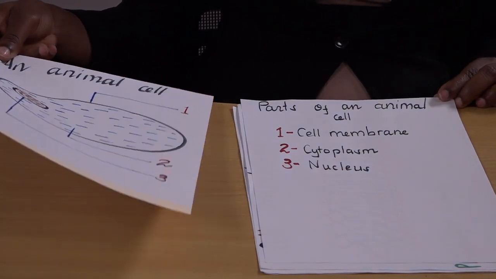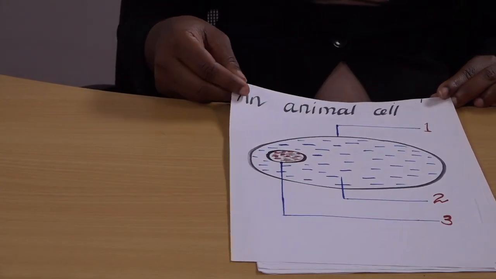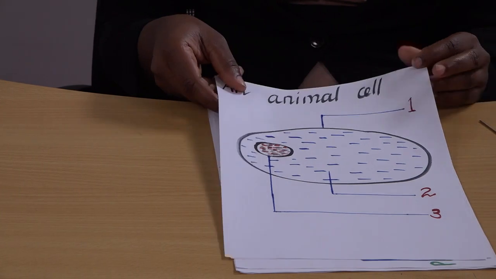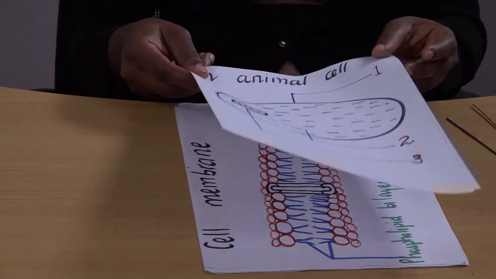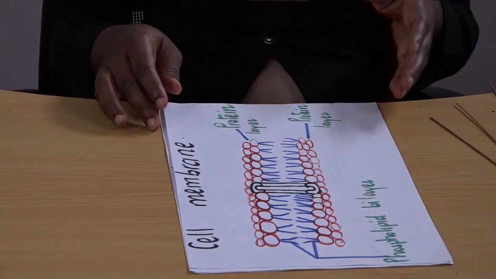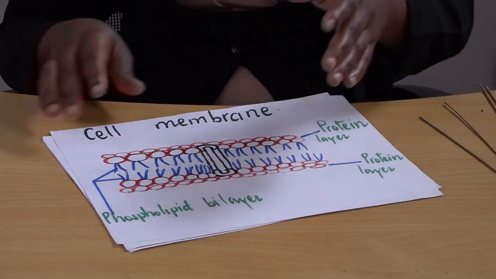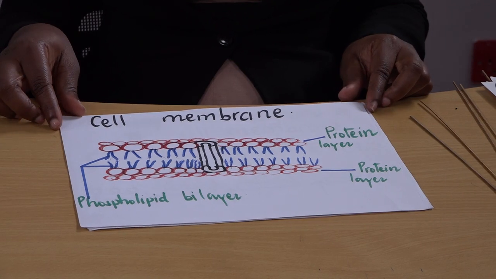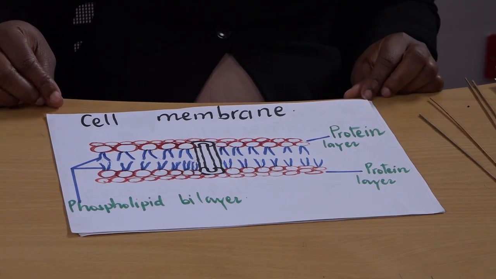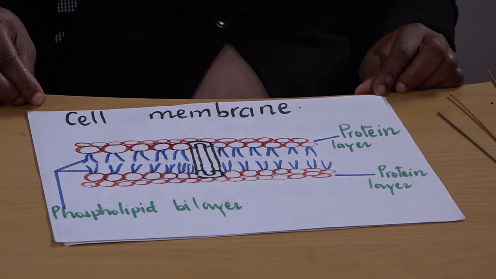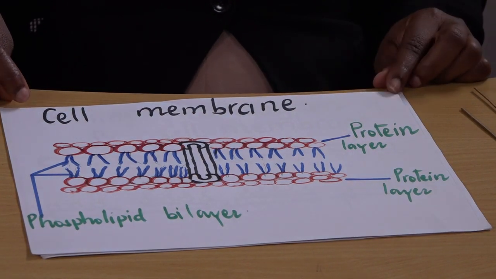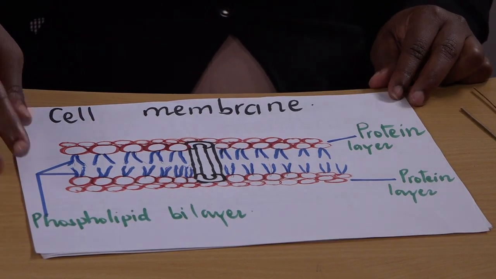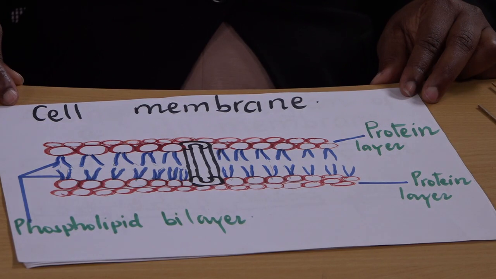As I introduced the lesson today, we are going to look only at the cell membrane. This is a representative diagram of the cell membrane. The cell membrane is made up of two important parts: one is the protein layer and the other is the phospholipid bilayer.